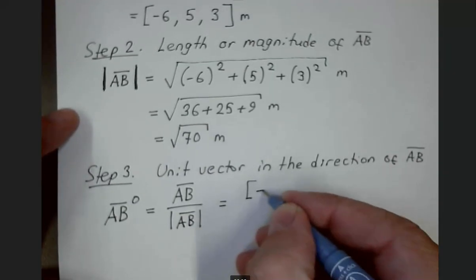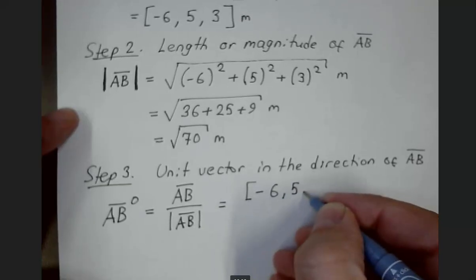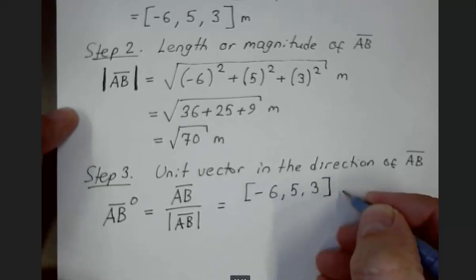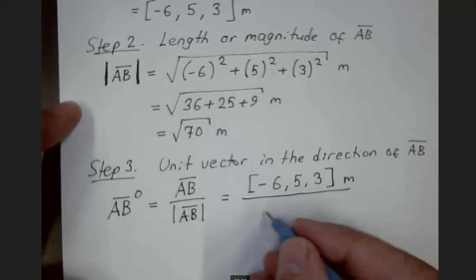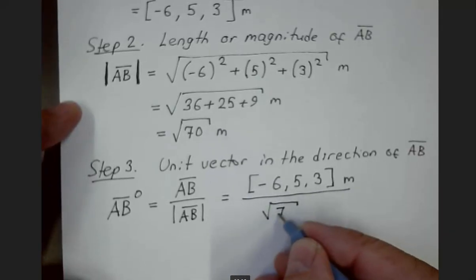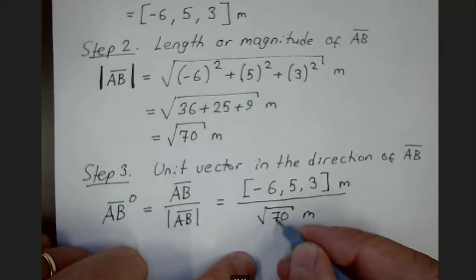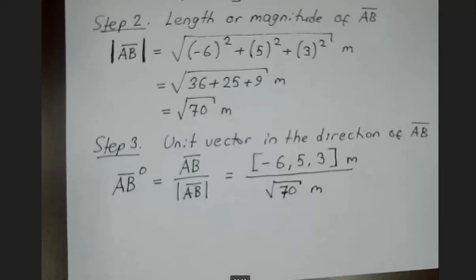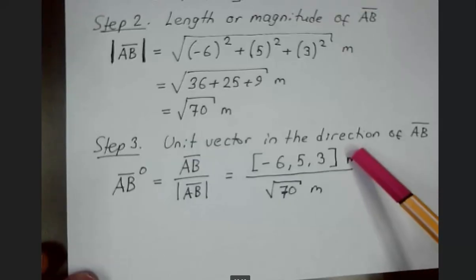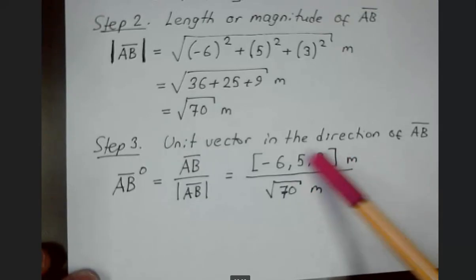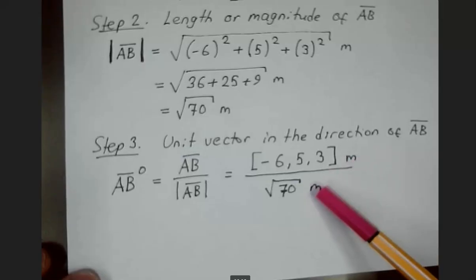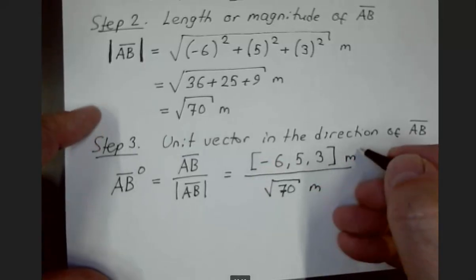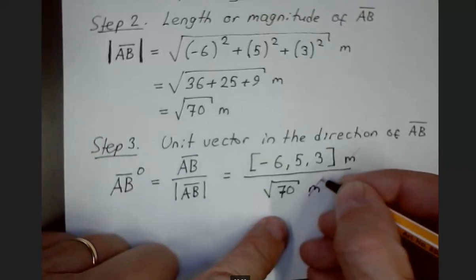So we are having -6, 5 and 3 meters and square root of 70 meters. And as you see, when I use these units right now in this example, we notice that there are meters in the top part and also in the bottom part of this division, so we can cancel them away.